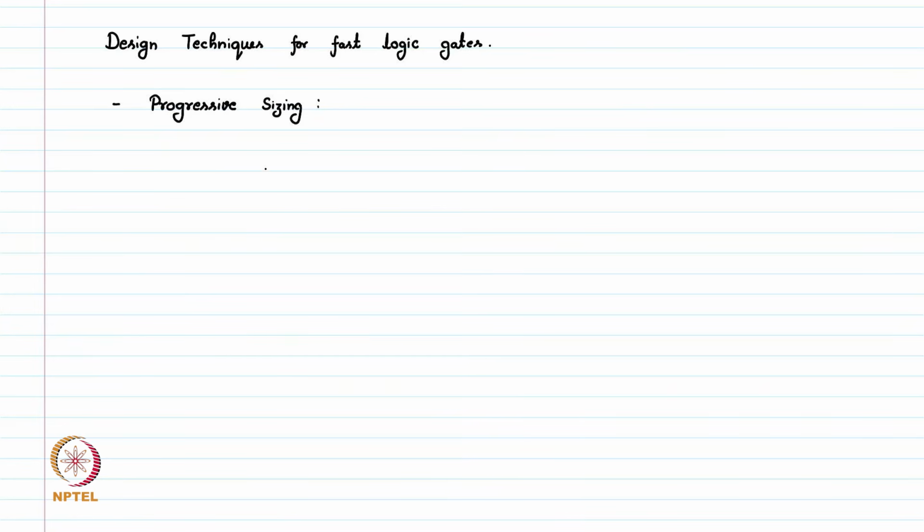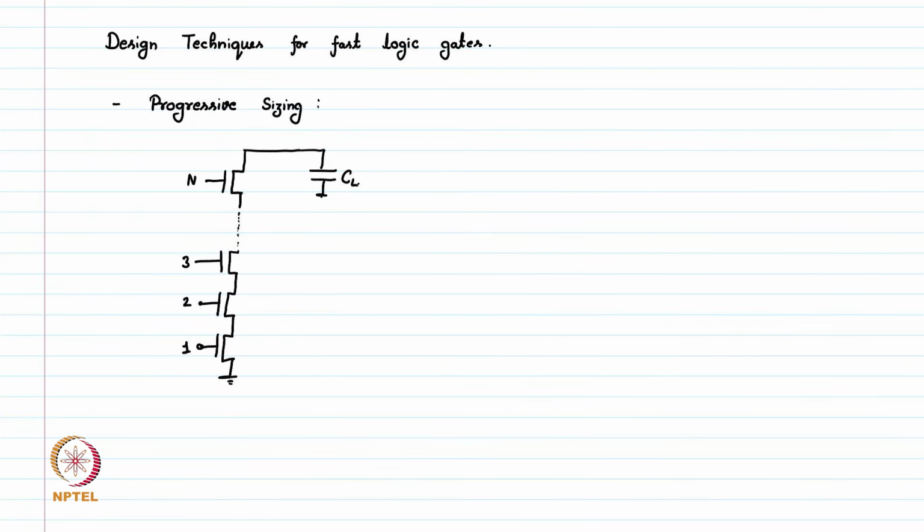In this type of sizing, if we have, let us say, an NMOS ladder, let us say this is input 1, input 2, this is input 3, dot dot dot, we have input N, and here we have the load capacitance CL.